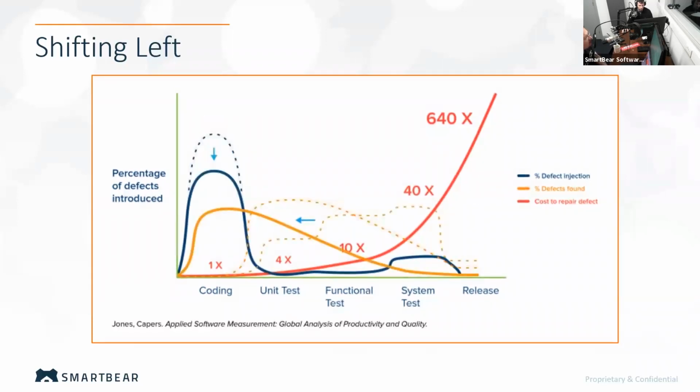And ultimately what we're aiming for is to apply testing principles during the coding phase as well. So we reduce the amount of defects that we inject at the outset, and we also reduce significantly the cost of finding any of the defects through any of the phases throughout our development process. Okay.